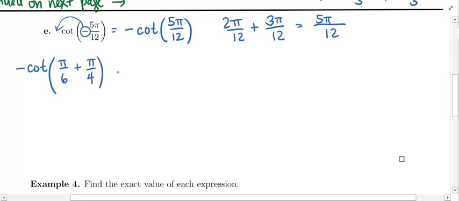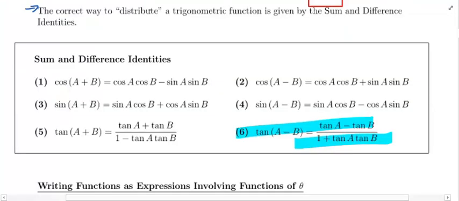Now, the next issue: this problem seems to have some issues. The next issue is that there is no sum formula for cotangent. If we go back to page 1, here are all 6 sum and difference identities. You only see a sum formula and a difference formula for cosine, sine, and tangent.